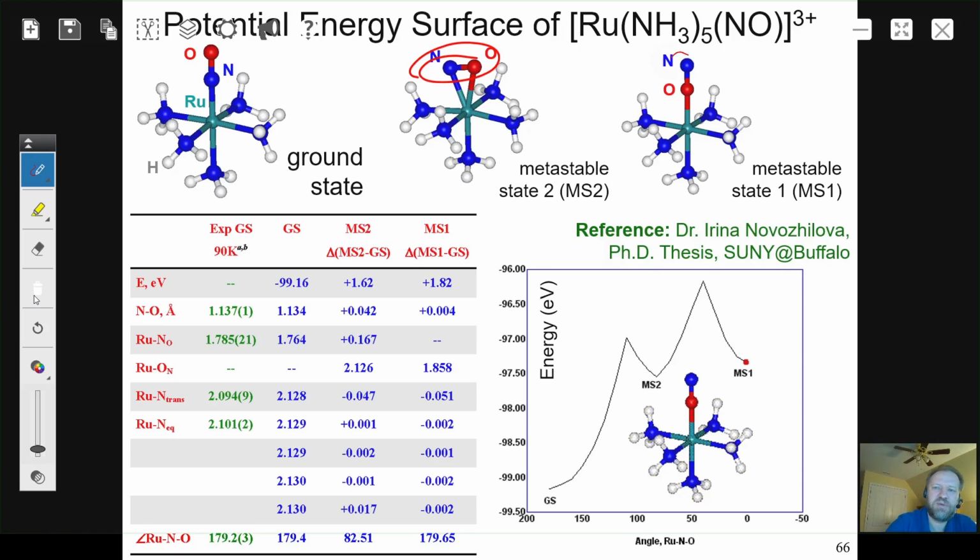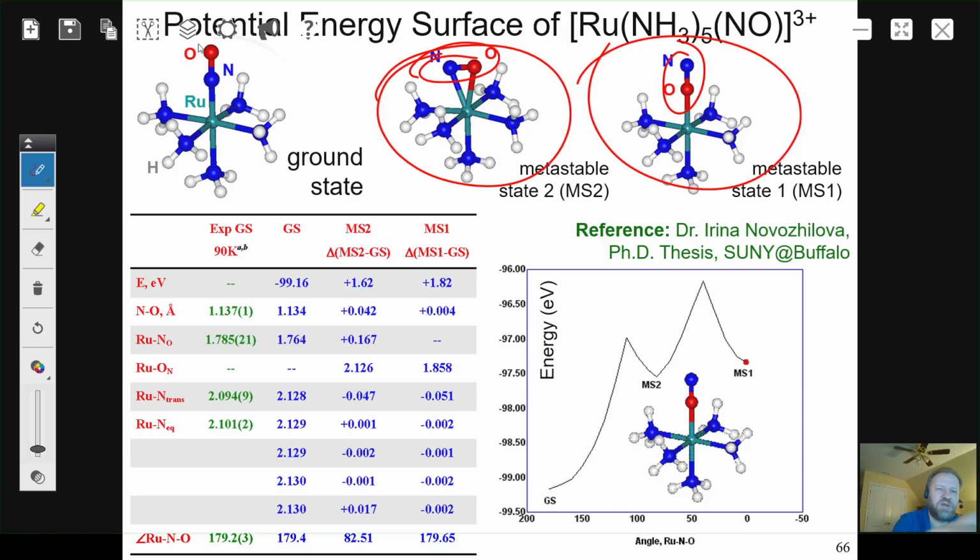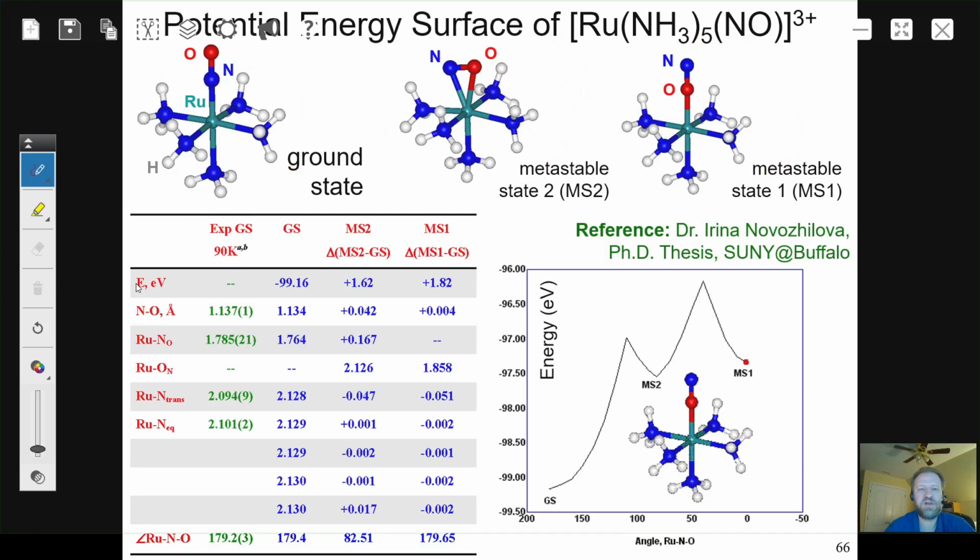And then in metastable state 1, the bonding of the nitro group to ruthenium is through oxygen, not through nitrogen. And again, the X-ray structures for not only the ground state, but also for the two metastable states were obtained using X-ray diffraction. However, what happens in between was not possible to study experimentally, and it was decided to perform theoretical calculations.